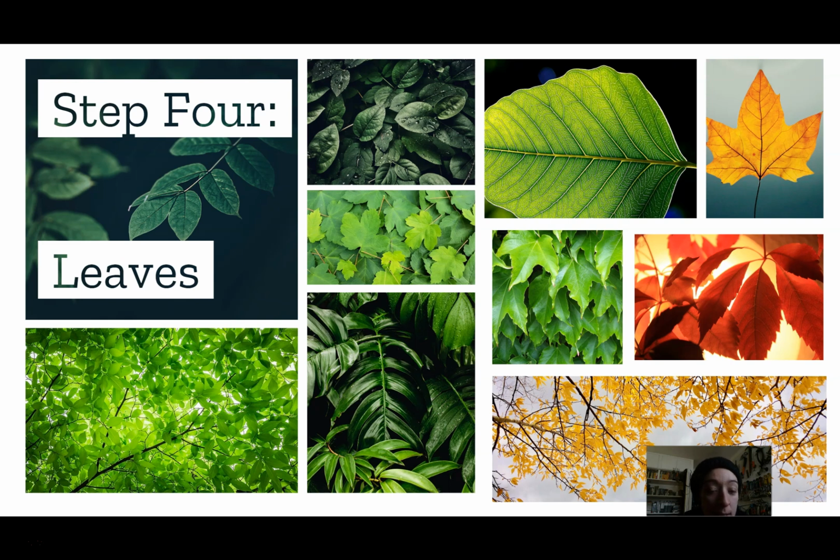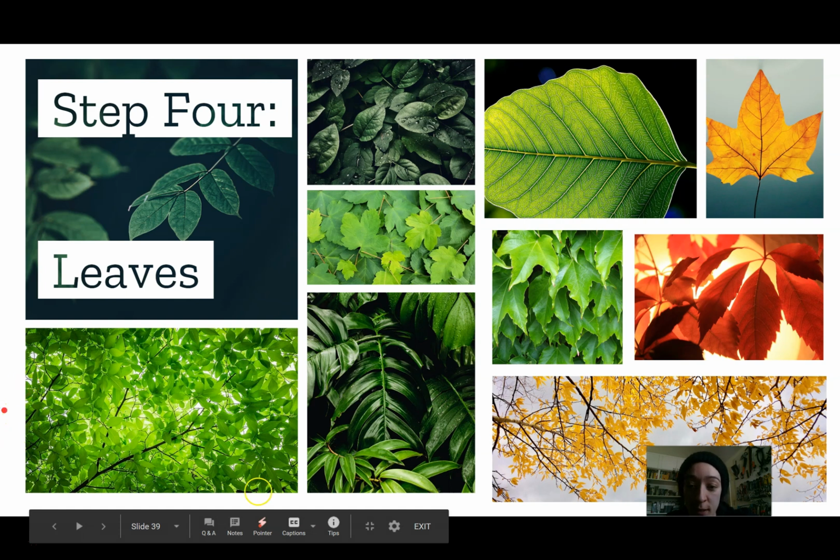And then some leaves come in different shades, reddish and yellowish. And a lot of leaves will turn yellow or red as they start to die, and as the trees go dormant in the wintertime. Okay, so you can see all their different shapes, but for the most part, they're green and flattish.